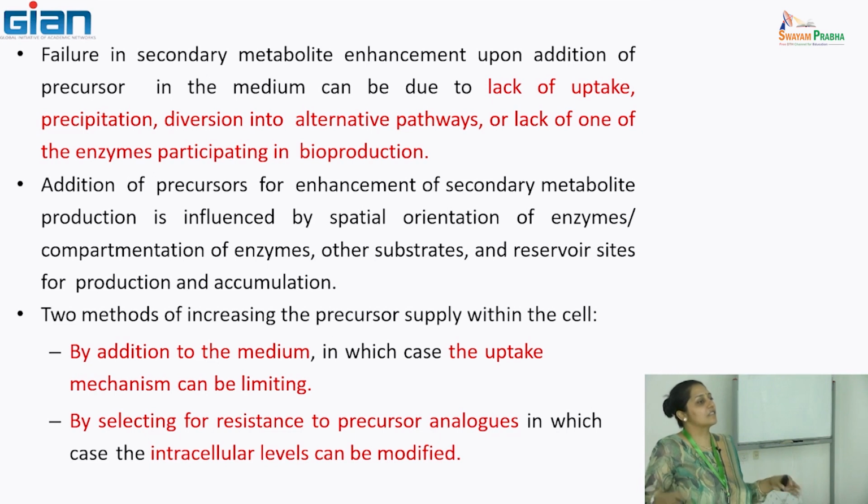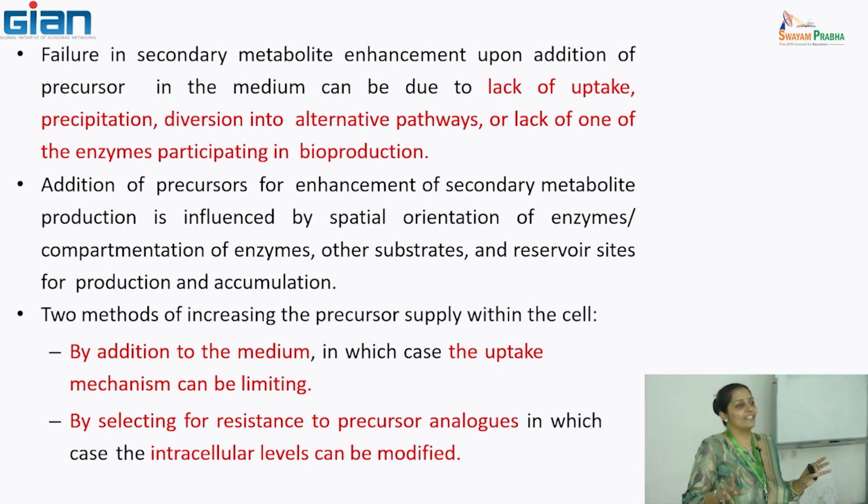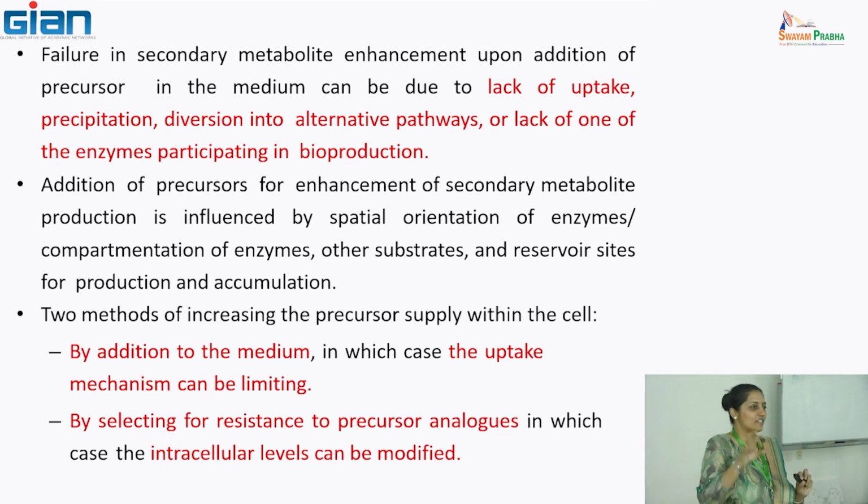They are not running at their Vmax, so the amount of enzyme required is already at its maximum. Then, however much you keep pushing, you won't be able to see the result. So there are multiple factors which should be kept in mind for this strategy to be successful.